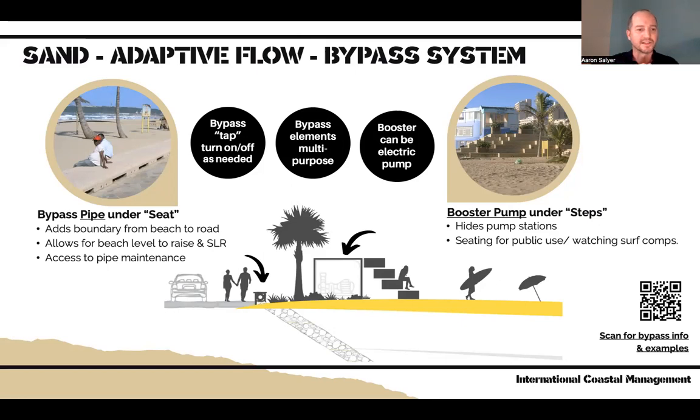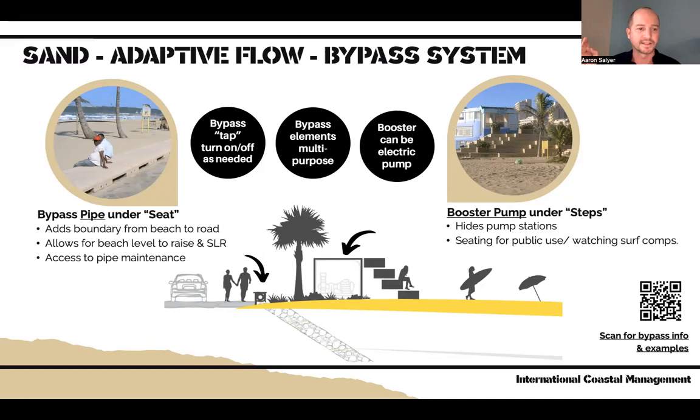There's a couple of reasons you do that. One, you get the added benefit of increasing the back of the beach height just a little bit, so you can then bring up the beach sand height as well and not have it blow onto the road. So you get a bit of wind protection, an additional bit of storm protection. You can use it as a seat, and it makes it easier for maintenance on the pipe itself over time.